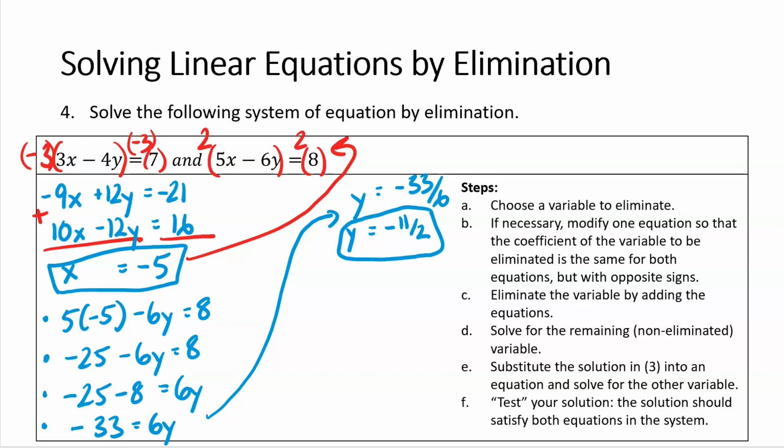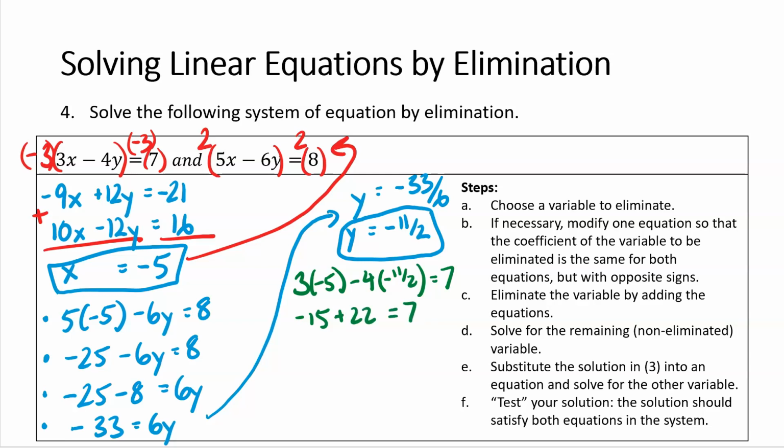Okay, so we have our solution, and we can test it out now. Looking at the first equation, it's 3 times x minus 4 times y. Does that equal 7? So 3 times negative 5 is negative 15. Negative 4 times a negative 11 over 2 is a positive 22. Does that equal 7?